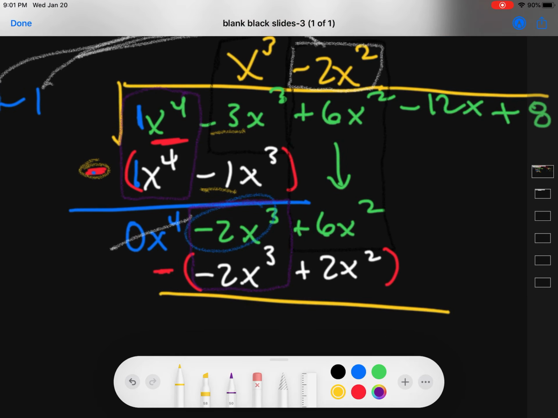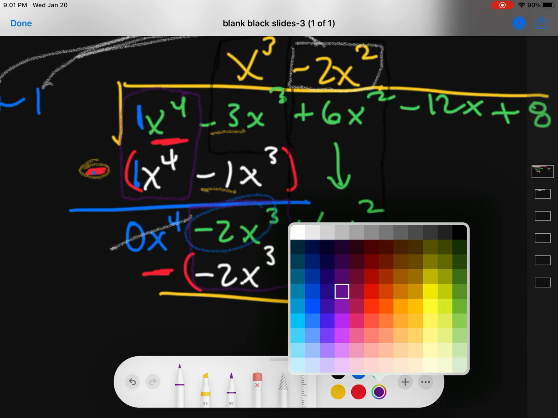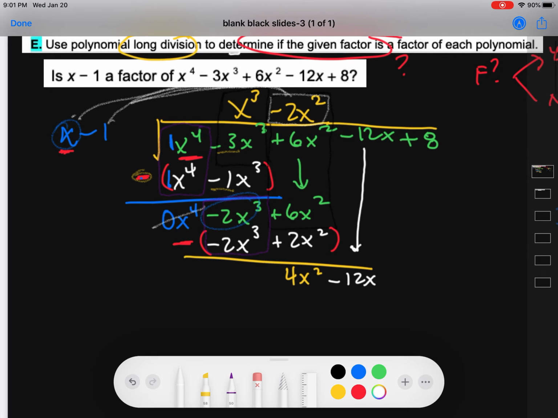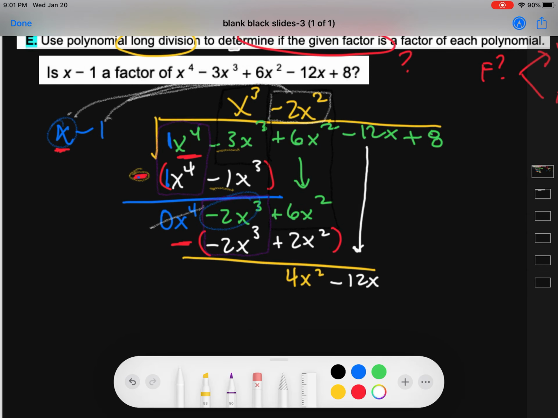And then 6 minus 2 gives me 4x squared. You have to remember that you are subtracting here. Let's bring this next one down, so this will be a negative 12x. Pause the video, and I want to know what you would put up here in this purple box. Press play when you're ready.